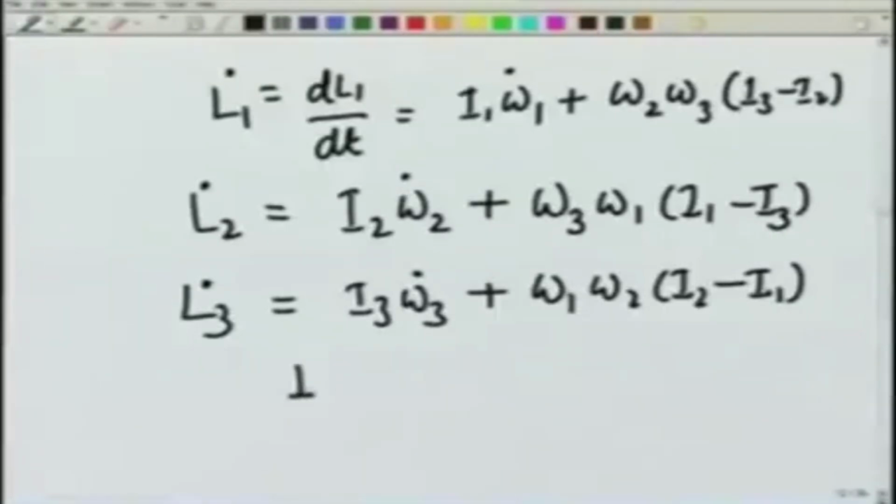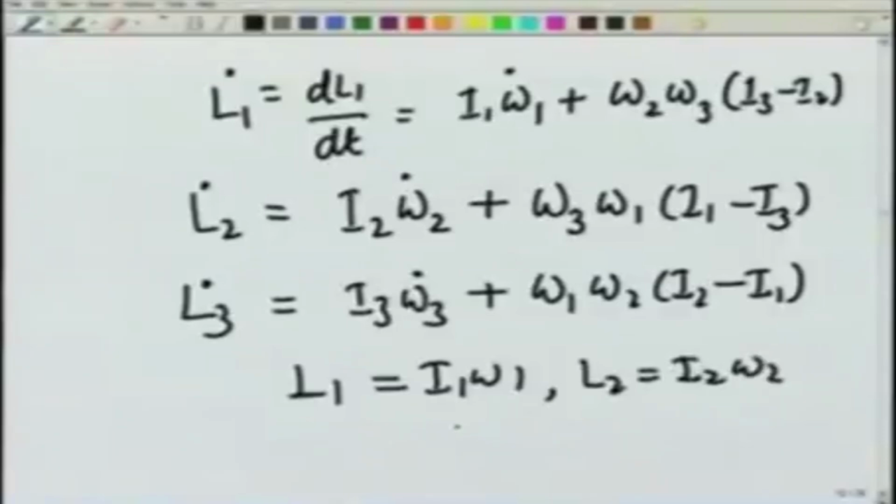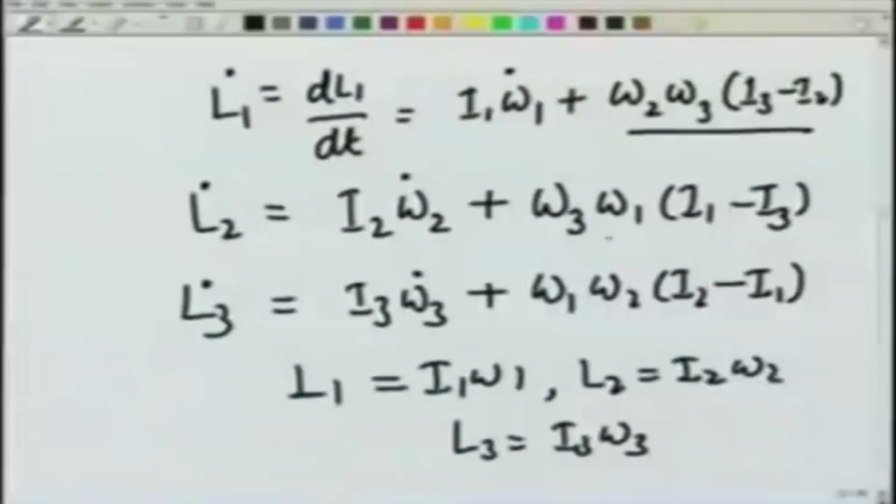Although L1 is equal to I1 omega 1, L2 is I2 omega 2 and L3 is I3 omega 3, because as the body rotates, L also rotates about omega, that causes these changes, and in addition the change of omega itself causes these changes.